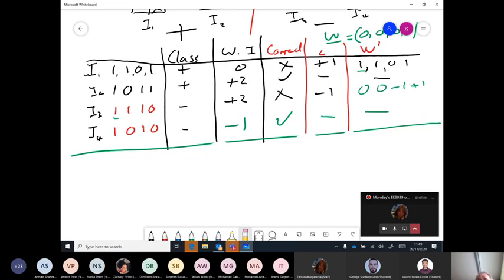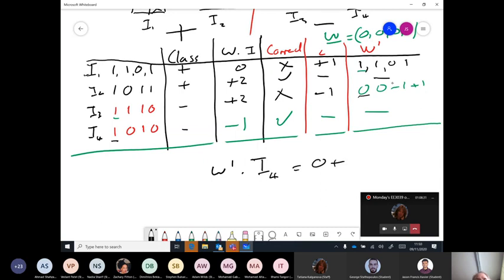Right. What we are doing is W prime dot I, and it's going to be this W prime and it's going to be I4. The scalar product is: the weight vector 0 times 1 is 0.